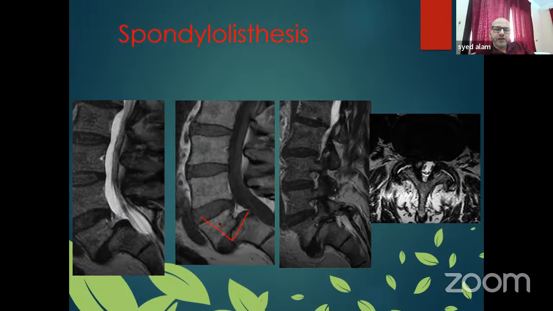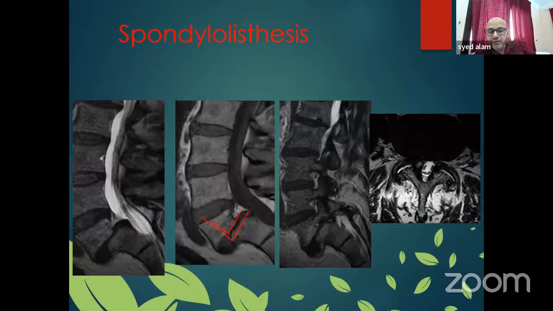The vertebral body above should be at this area. It should not cross. In fact, it should be 1 millimeter below this line. That is normal. If it touches or crosses this line, it is abnormal. If it is 25%, grade 1; 50%, grade 2; 75%, grade 3; total is grade 4. So this is the Meyerding method.